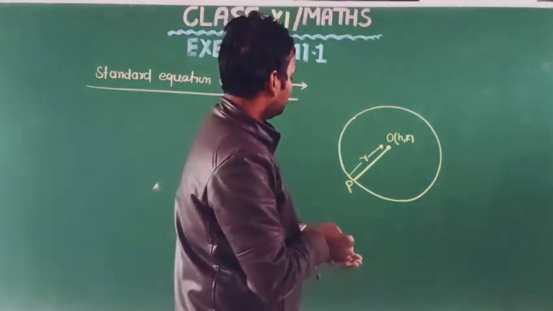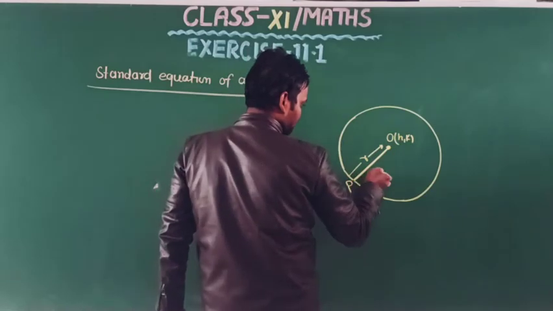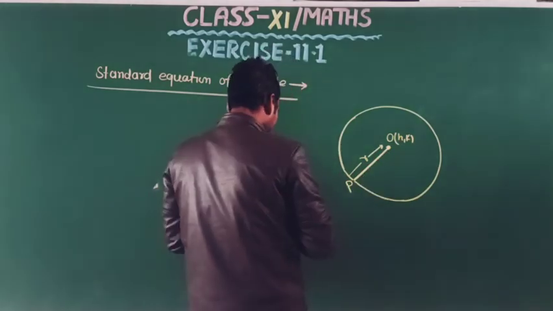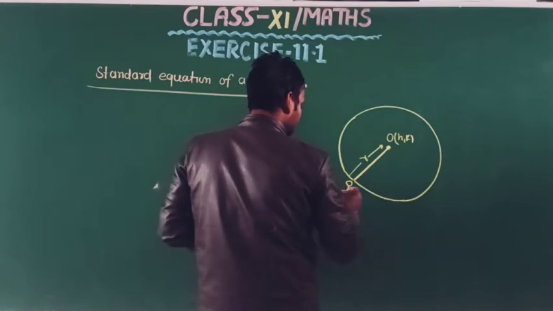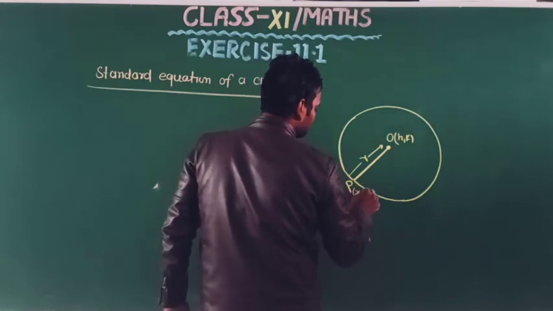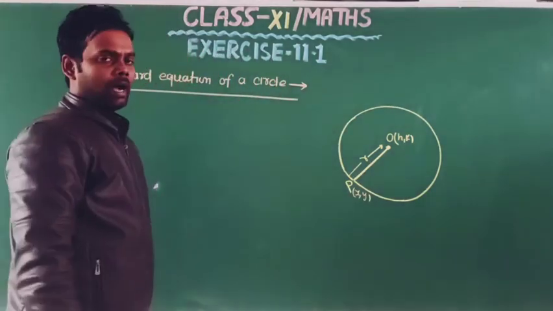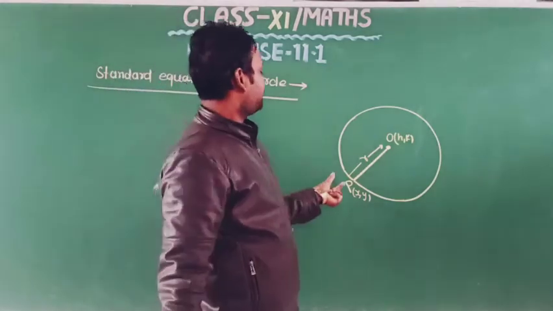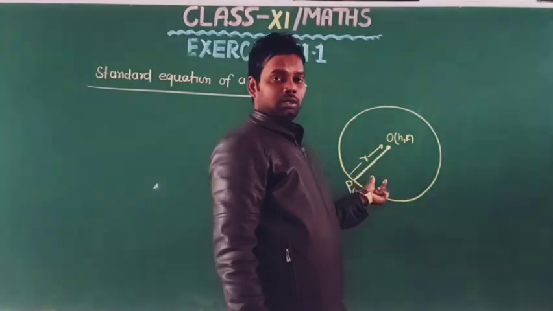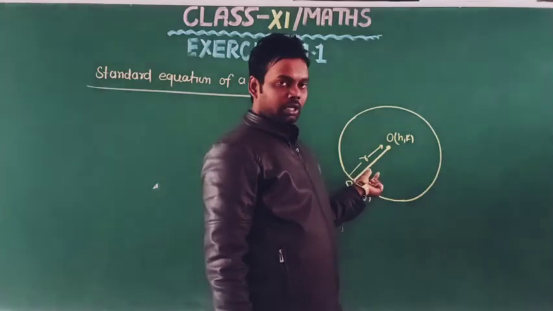OP is the radius, and suppose the coordinates of point P are x comma y.